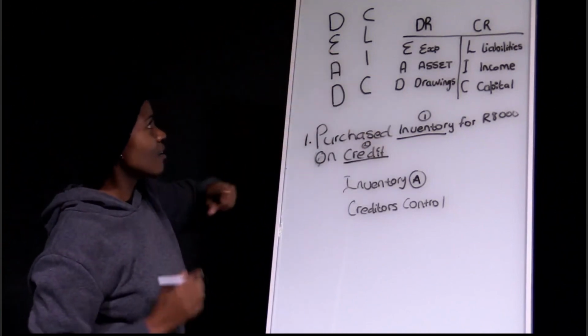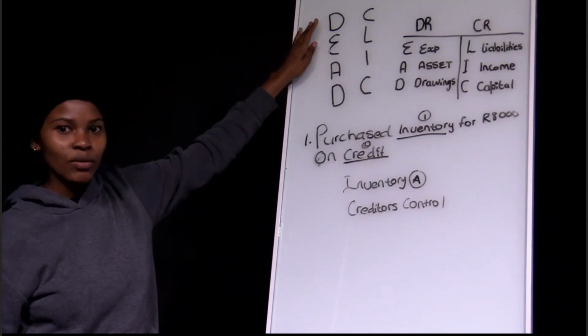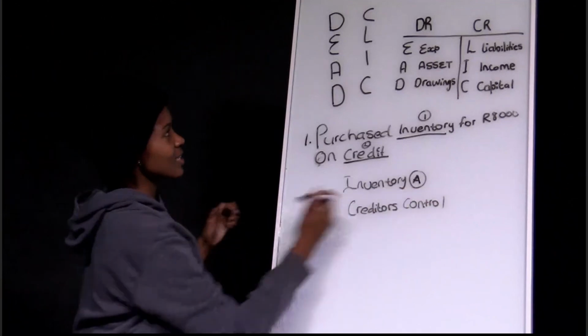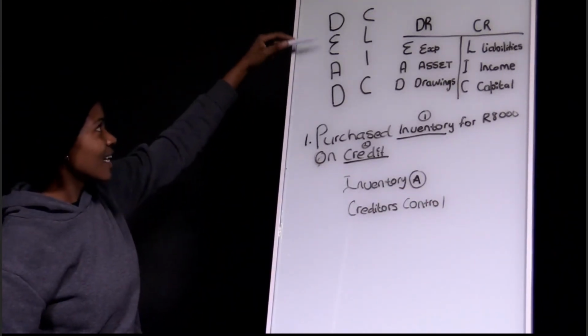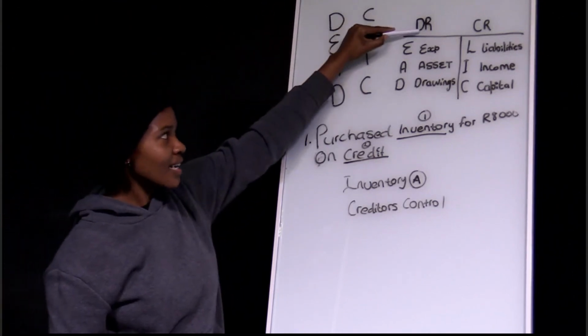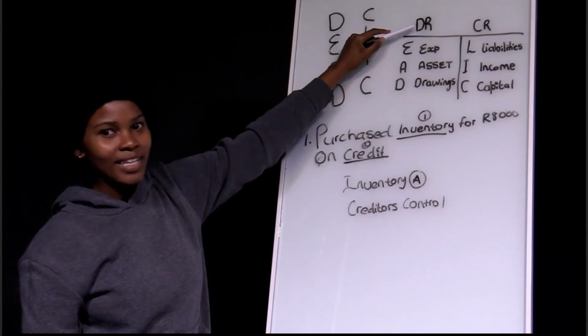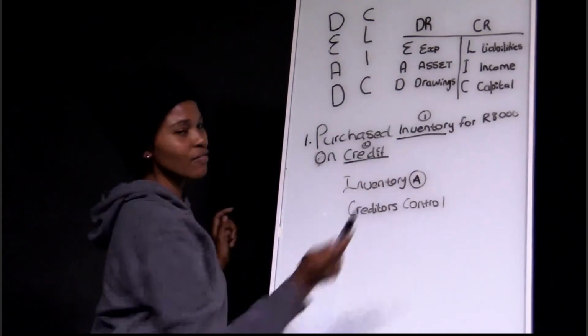And then you come here to DEAD, the first abbreviation I said we're going to use. You can see that A for assets is here under DEAD. And what is DEAD telling you? On the debit side, your expenses, your assets, and your drawings increase. So what is happening here? We purchased inventory.